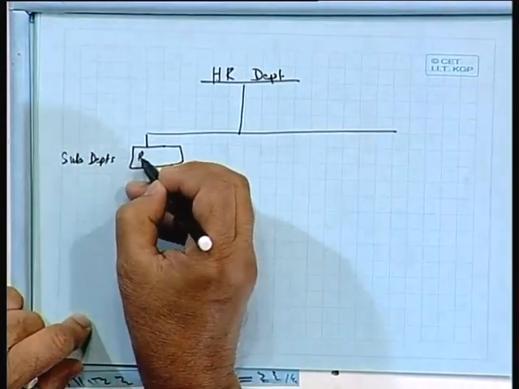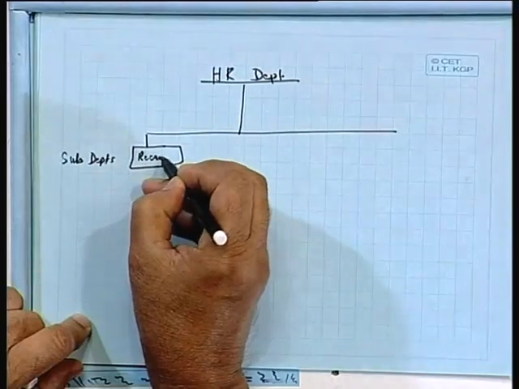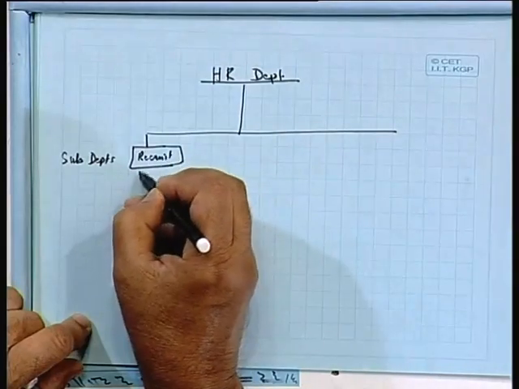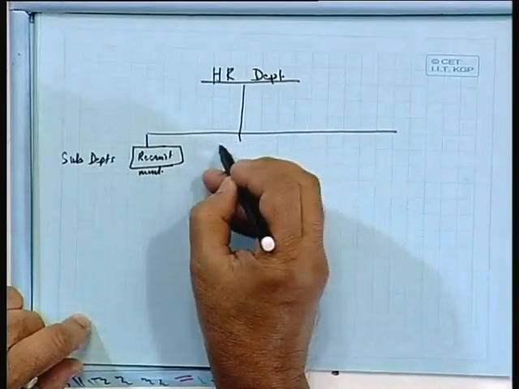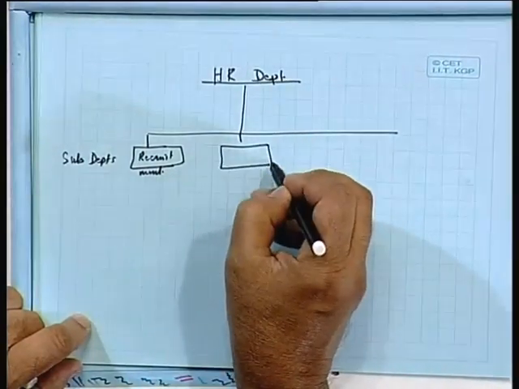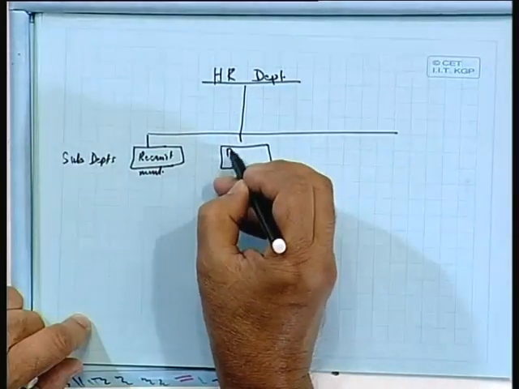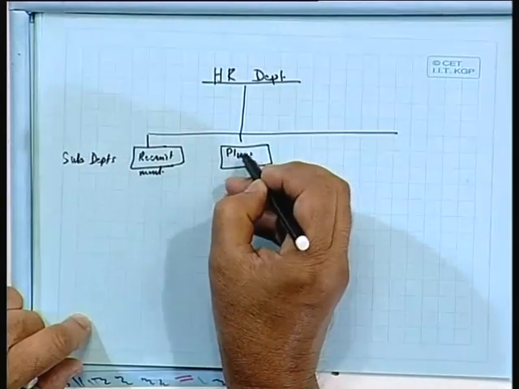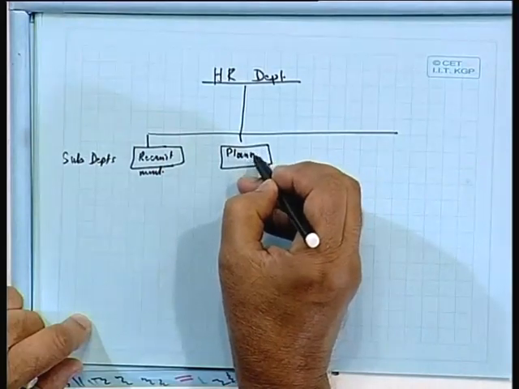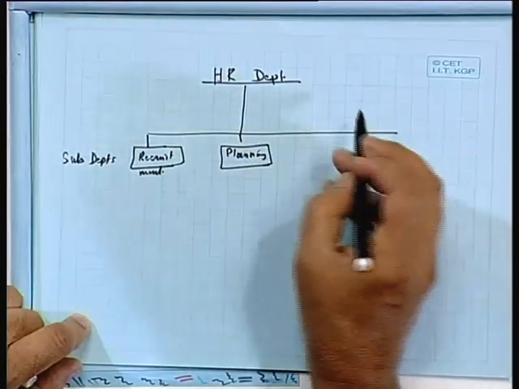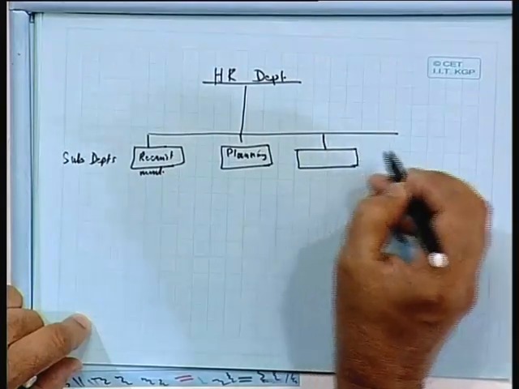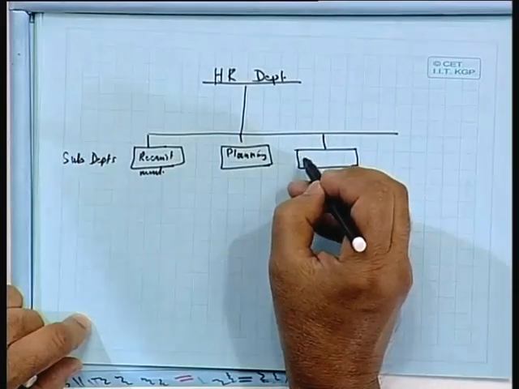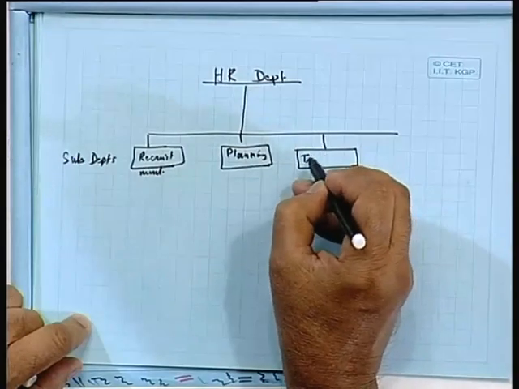One will be recruitment, okay. The other will be planning, okay. Next, the third will be training.